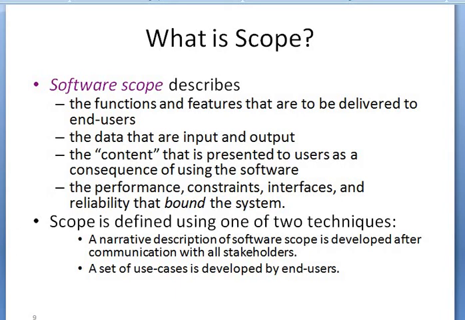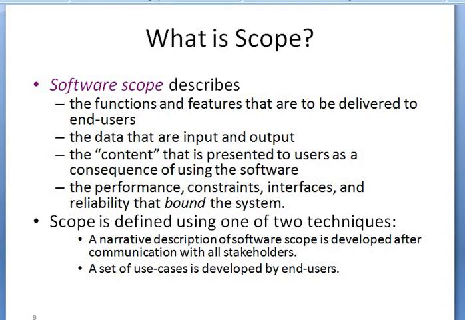and the data that are input as well as output, the content that is to be presented to the user as a consequence of using the software. Right? So the performance constraints, interfaces, and reliability that bound the system are considered as scope.